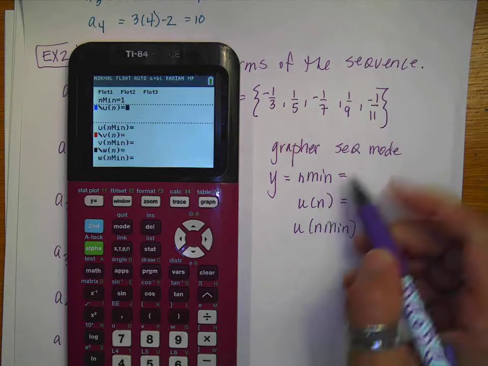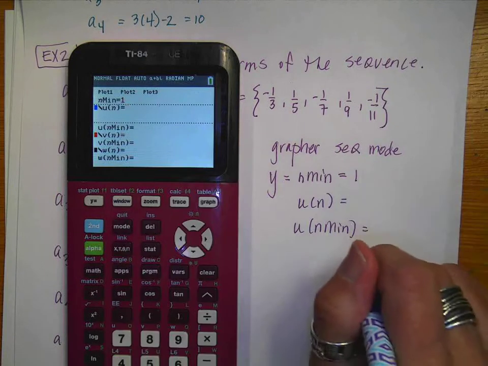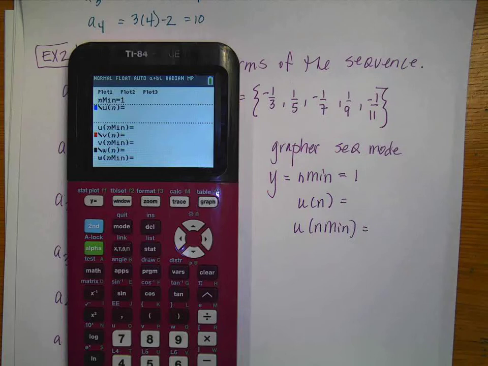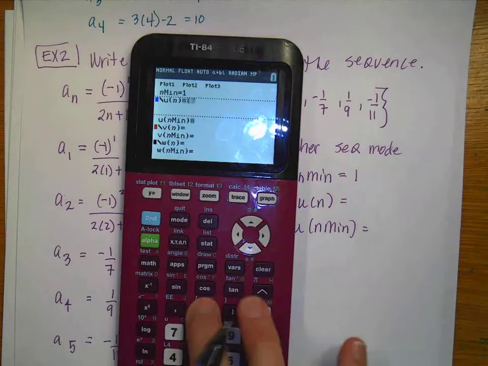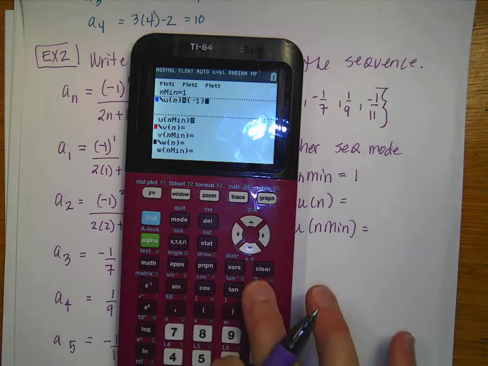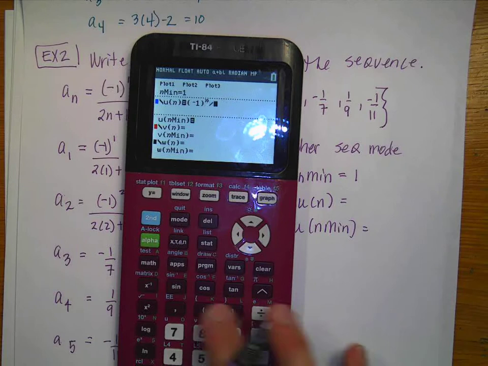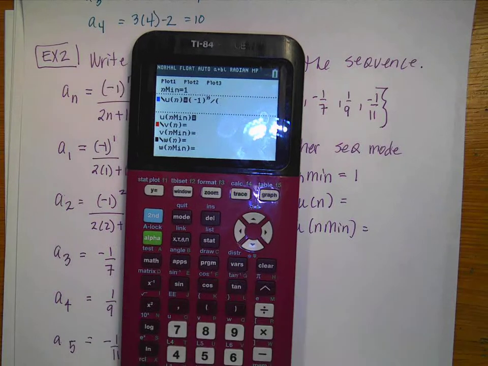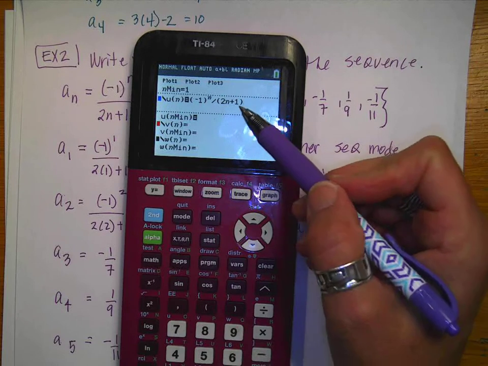The first one is, which term are you starting on? The default is 1, and that's where we started, so our first n was 1. The second one is the rule, and we had parentheses, a negative 1 raised to the n, okay, and then we're going to divide by, everything has to be in parentheses, 2n plus 1.